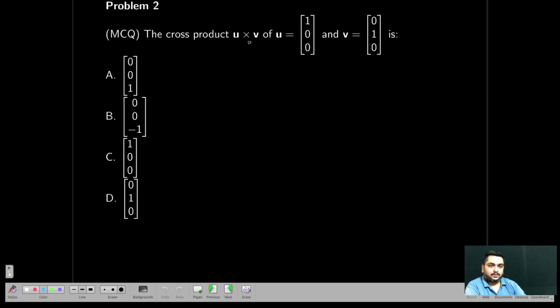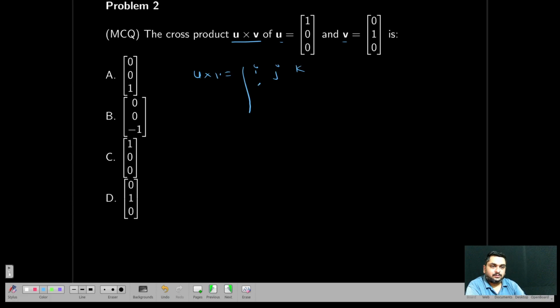Next, the cross product u cross v of this. So how will you find the cross product? You take the determinant of u cross v, taking the 3 unit vectors i, j, k.